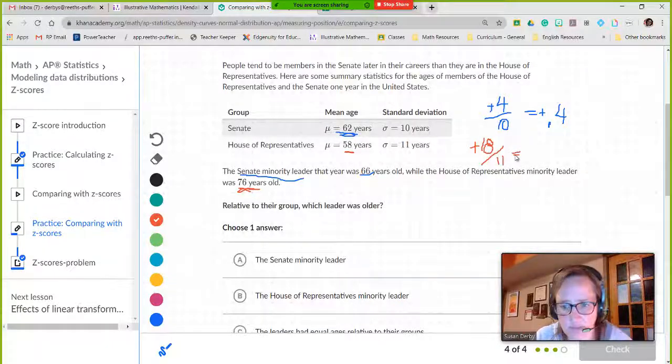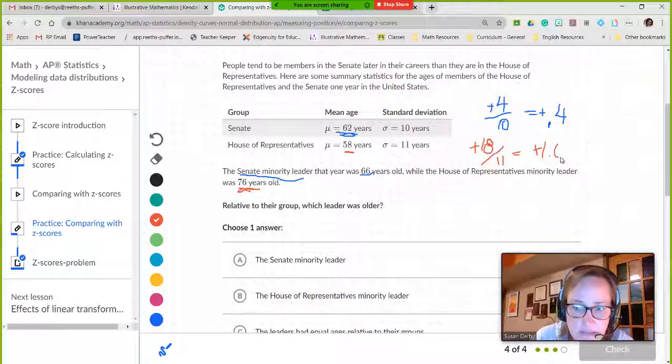So this one has a little bit more spread out, a little bit more wiggle room. And when I do 18 divided by 11, I get a z-score of a positive 1.64-ish.